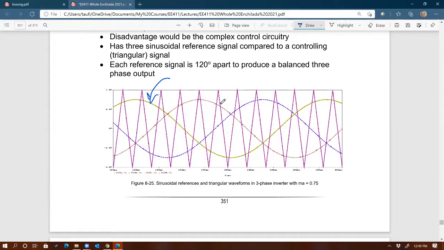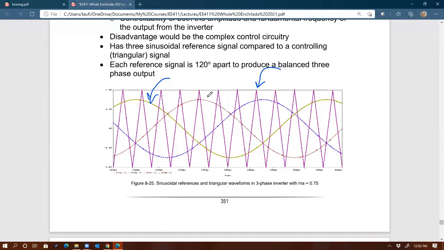The triangular waveform is there for the high switching purpose, right? So that's why the triangular waveform has much higher frequency than the sine wave, right? And the triangular waveform is the one that defines the switching frequency of PWM.